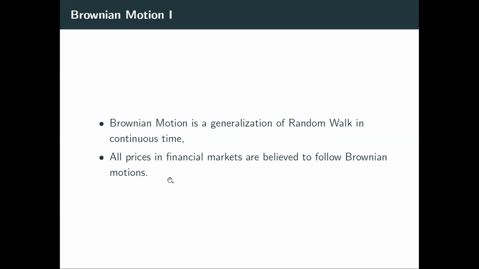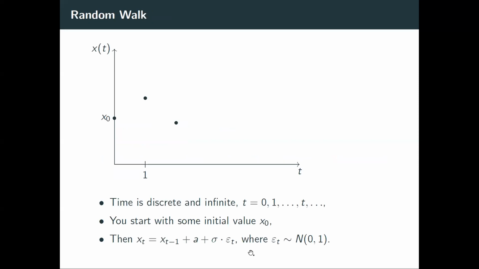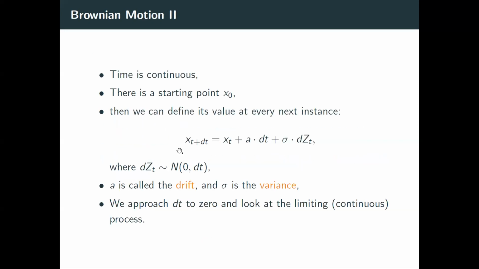And what is Brownian motion? We just take the same formula as we had here, but apply it to continuous time. And we do the transition to continuous time in absolutely the same way as we transformed the Bellman equation from discrete time to continuous time. Again, we just substitute all ones with dt's. So now the time is continuous, and there is some starting point for the process.